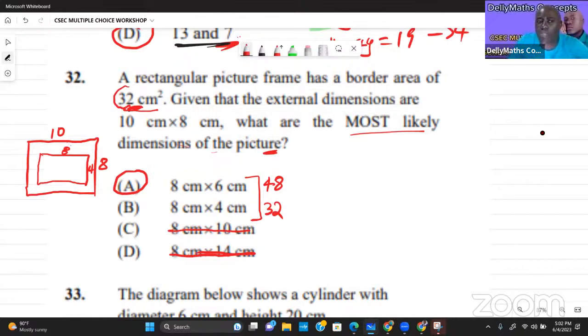So I would want to see the picture coming a little bit outside of that, behind it. Because you notice sometimes when you're putting up the picture, some of the picture might come out because it's a little bit bigger than the hole. That's what we mean. So I wouldn't pick this, because it is the same 32 that I'll get for that. So I want the picture a little bit bigger. All right. So I'll pick this one, A.